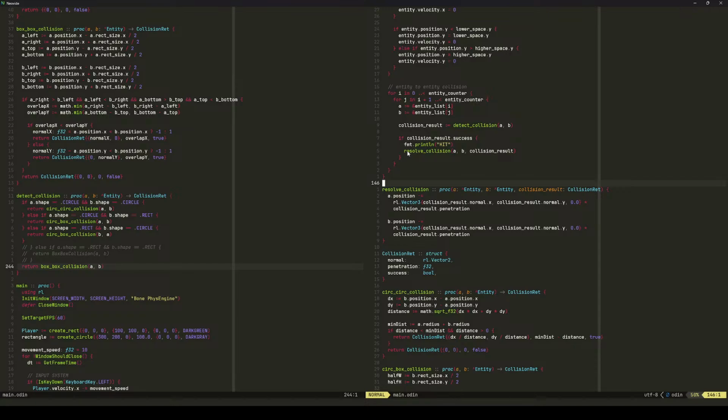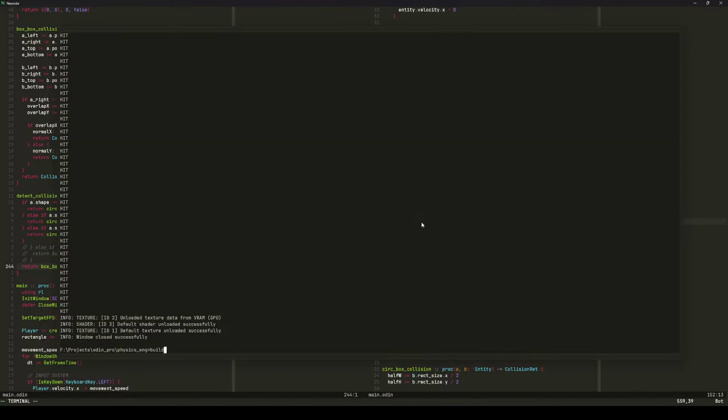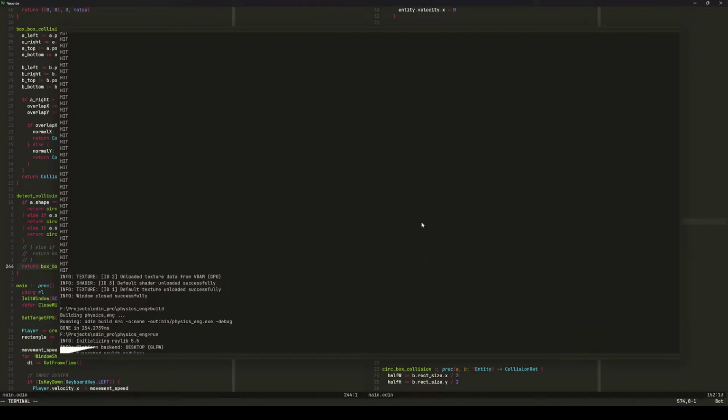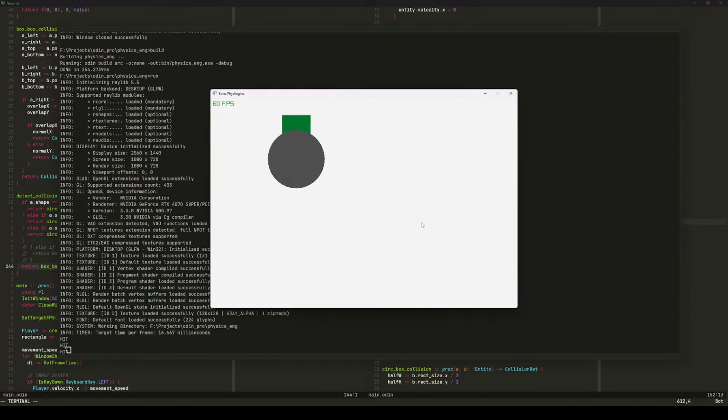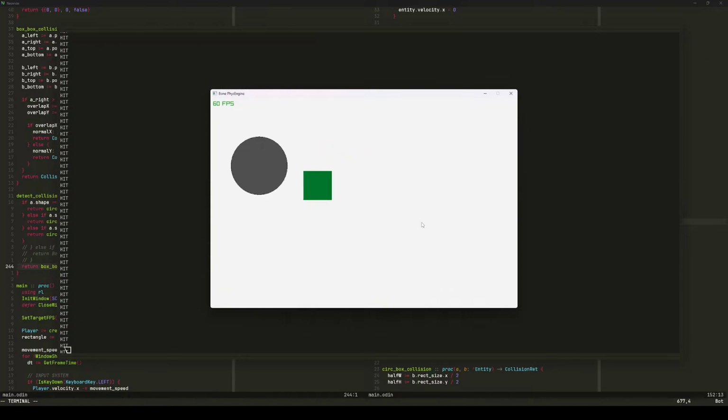Collision result normal dot x, collision result normal dot y, 0, 0, 0, 0, 0, 0. You multiply everything to this, then you like... Is this correct?